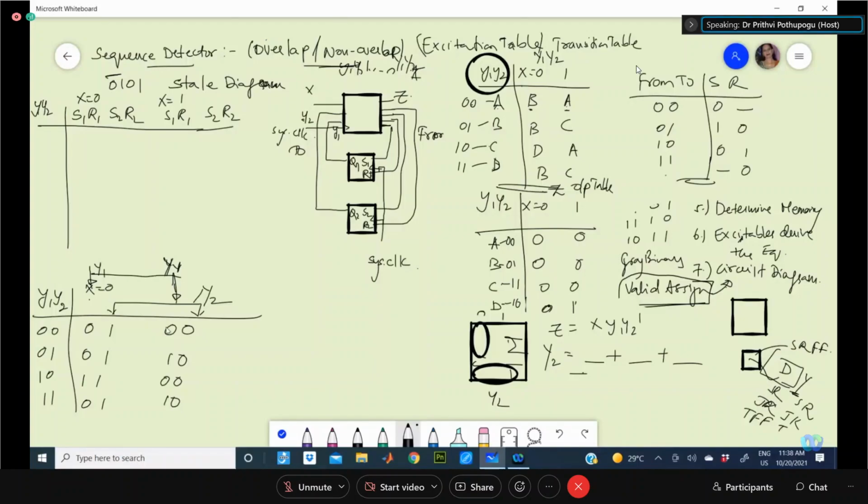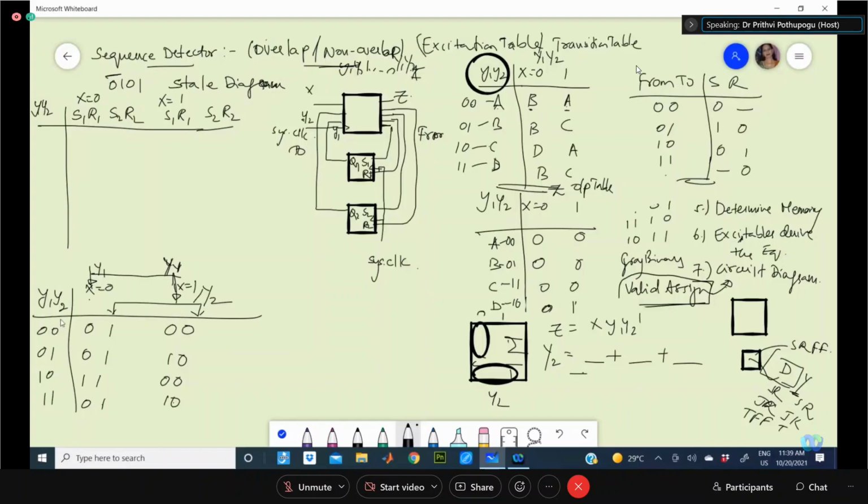This set is for S1 R1 when x is 1. This column will be for S2 R2 when x is 0, and this column will be S2 R2 when x is 1. Okay. So here we try to fill those values based on the transitions here.